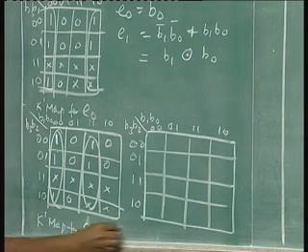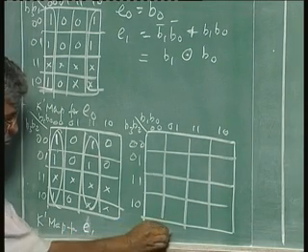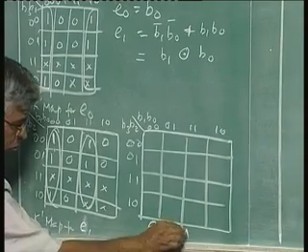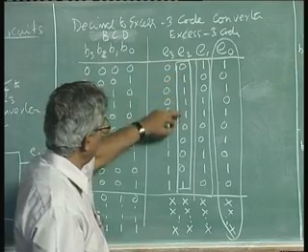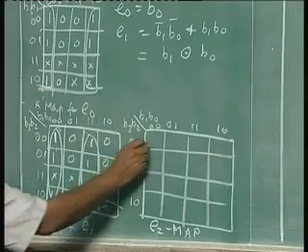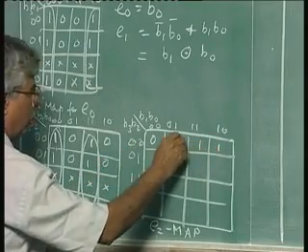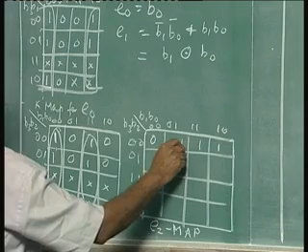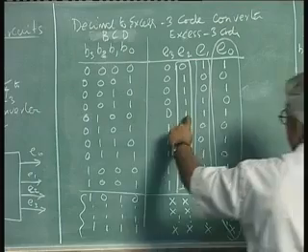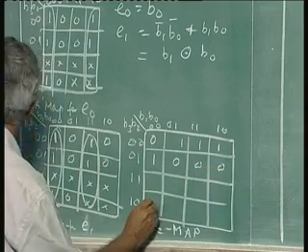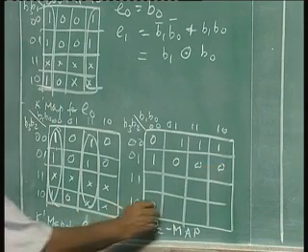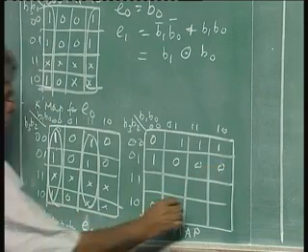This is the map for E2. To map 0 1 1 1, 0 1 1 1, 1 followed by 4 zeros, 1, rest of don't cares.